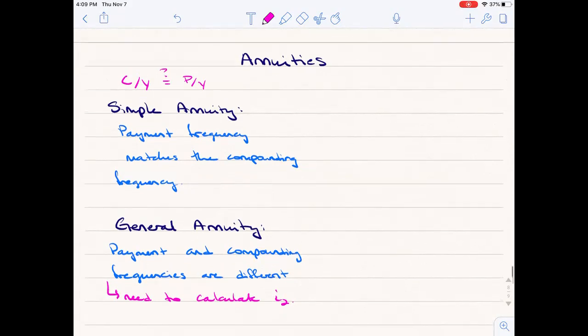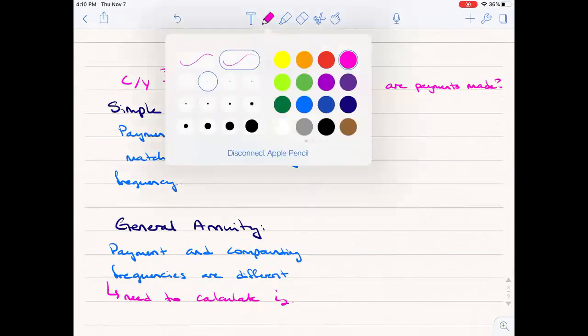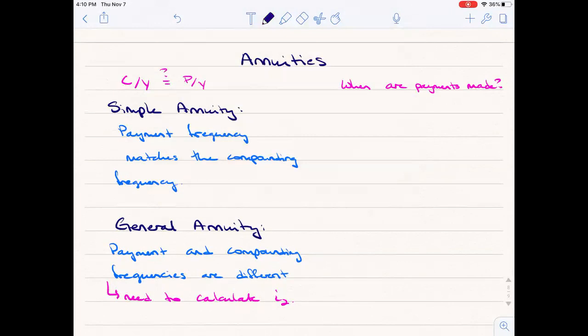And so the other question we ask is, when are payments made? Our first option is an ordinary annuity, which is when payments are made at the end of each payment period.